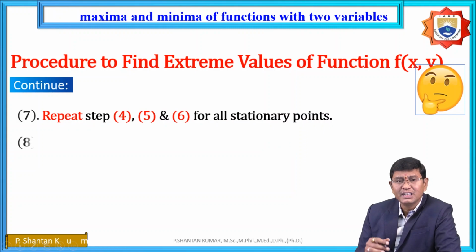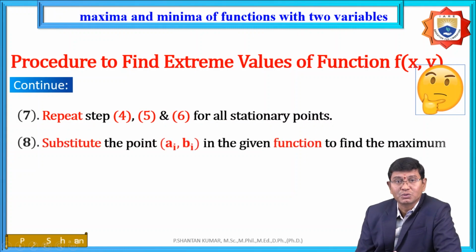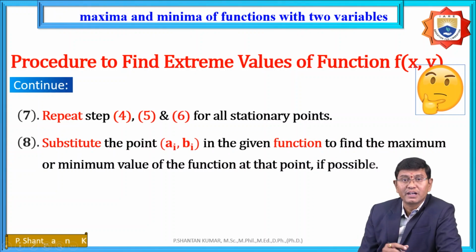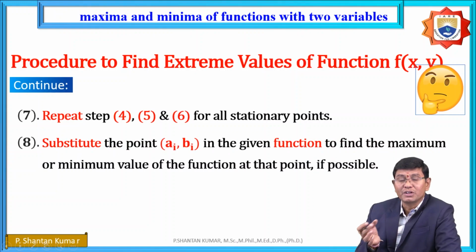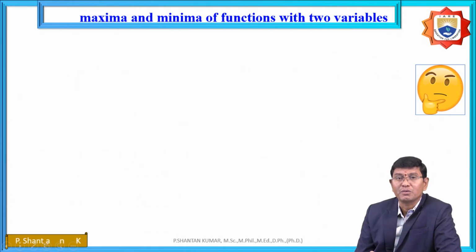We need to find each and every stationary point, calculate rt minus s square individually at those points, and identify whether the function has a maxima, minima, saddle, or further investigation is required. We need to check one by one at each stationary point only.